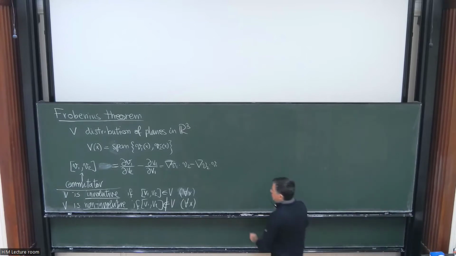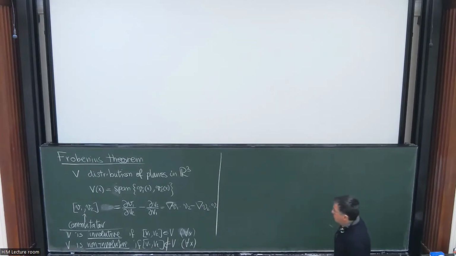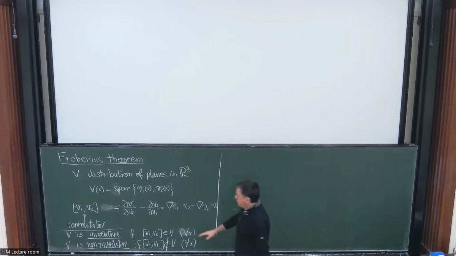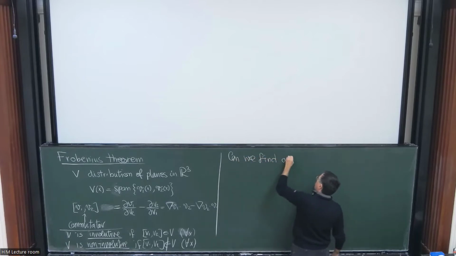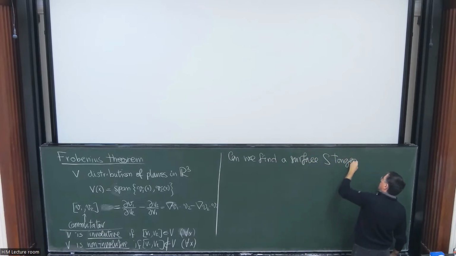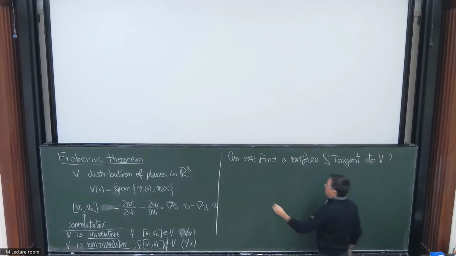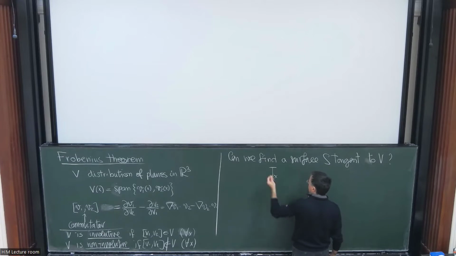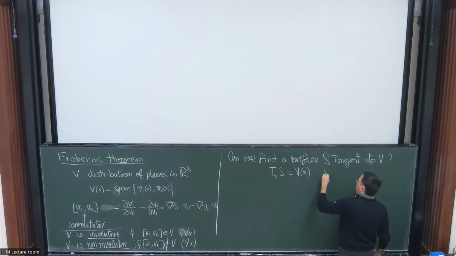So the question that Frobenius theorem tries to answer is the following. Can we find a surface tangent to V? And by this, I mean that the tangent plane of the surface at the point X is equal to the plane assigned by the distribution for every X in the surface, okay?